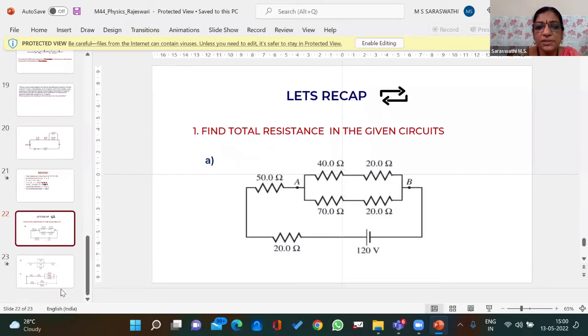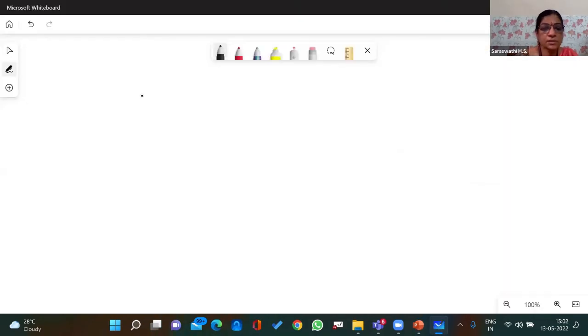Can you do this? Nowadays, they ask a combination of resistors quite often. So, what are the two in series? RS is equal to 40 plus 20, yeah? First case.